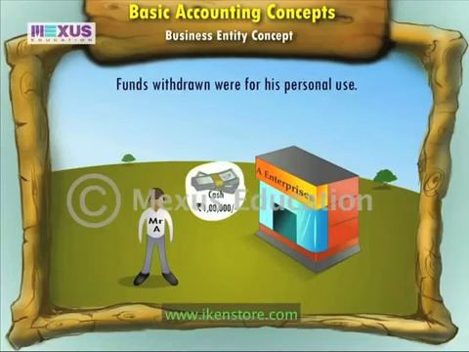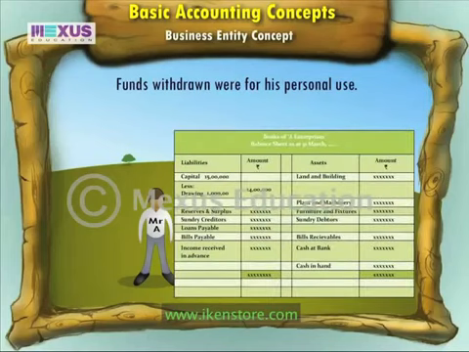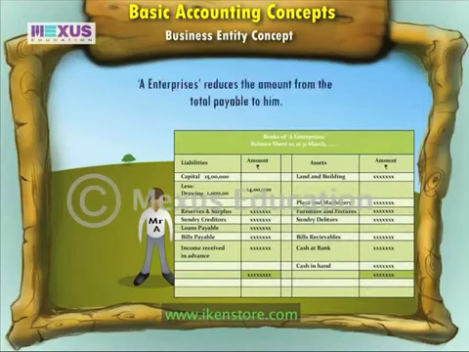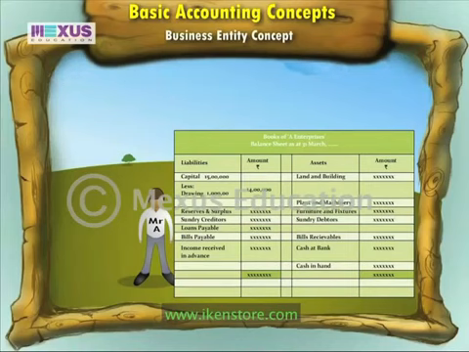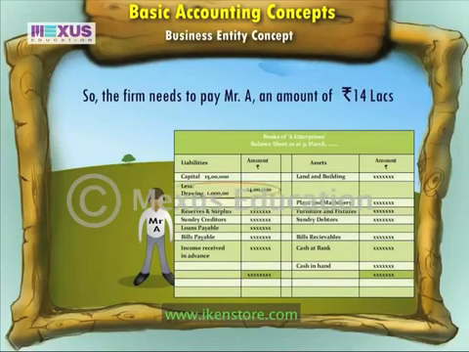He withdrew 1 lakh rupees from the company. As the funds withdrawn were for his personal use, A Enterprises reduces the amount from the total payable to him. So, the firm needs to pay Mr. A an amount of 14 lakh rupees.